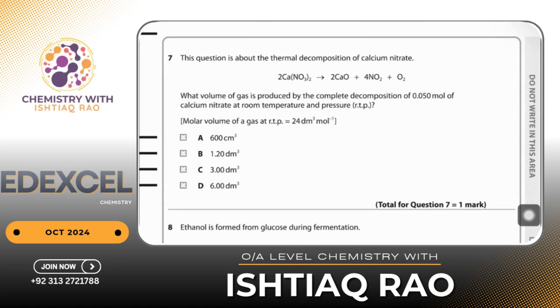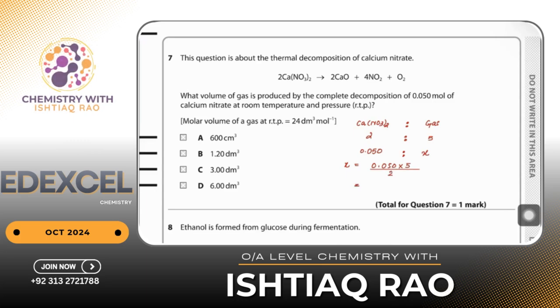So what can I do for that? First of all, I can say calcium nitrate and the gases: it's going to be 2 and it's going to be 4 plus 1, 5. If I have the moles of calcium nitrate, that is 0.050. That's going to be X. So X is equal to 0.050 times 5 by 2.